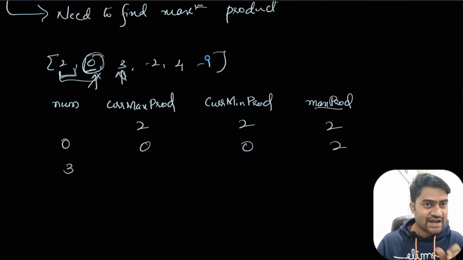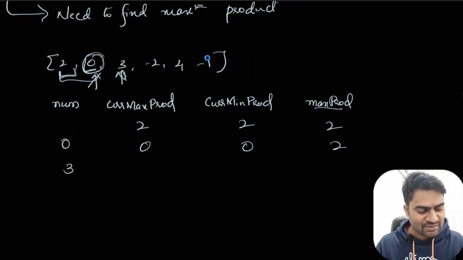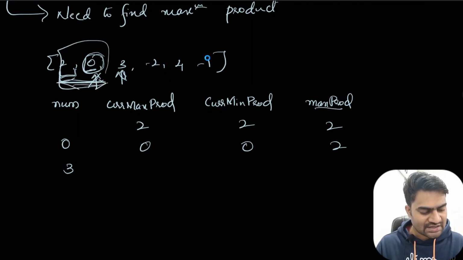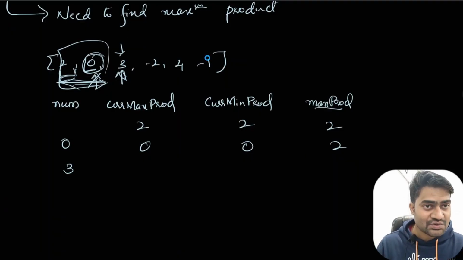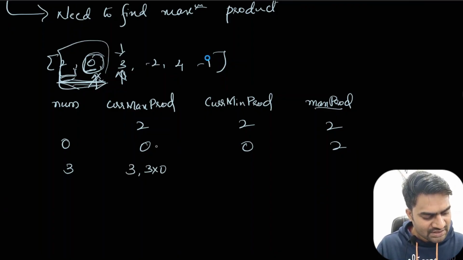But now if you try to process the next number, ideally we need to start our subarray as a fresh element, right? Because this part really does not contribute to the maximum product. That's where if I start here, then my start index should start from here. So now 3 comma 3 into our current max, which is 0, becomes 0.